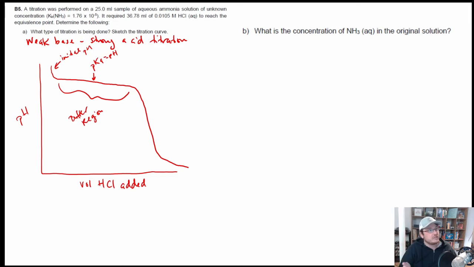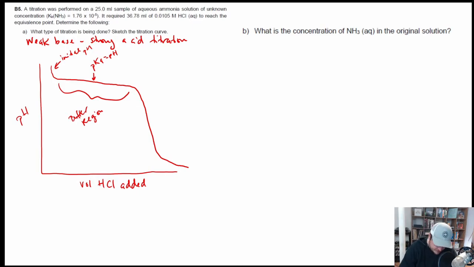That's one thing to always think about within a titration: there's going to be a point where the pKa of the weak acid or weak base that you're looking at is equal to the pH, and that's the halfway point between reaching the equivalence point and your initial pH.